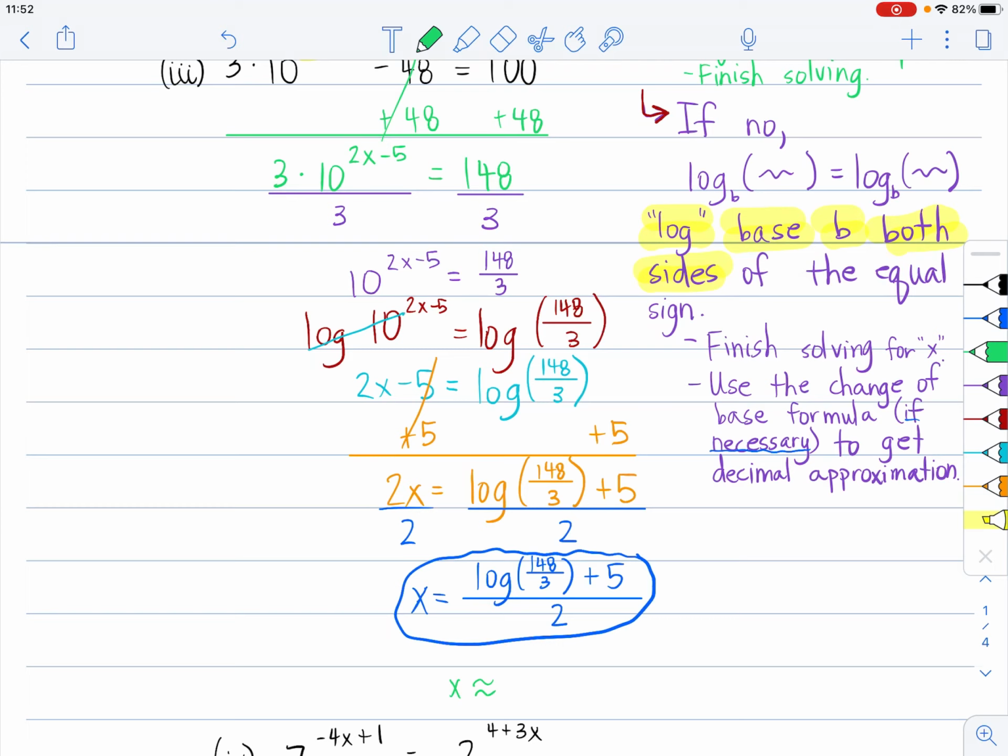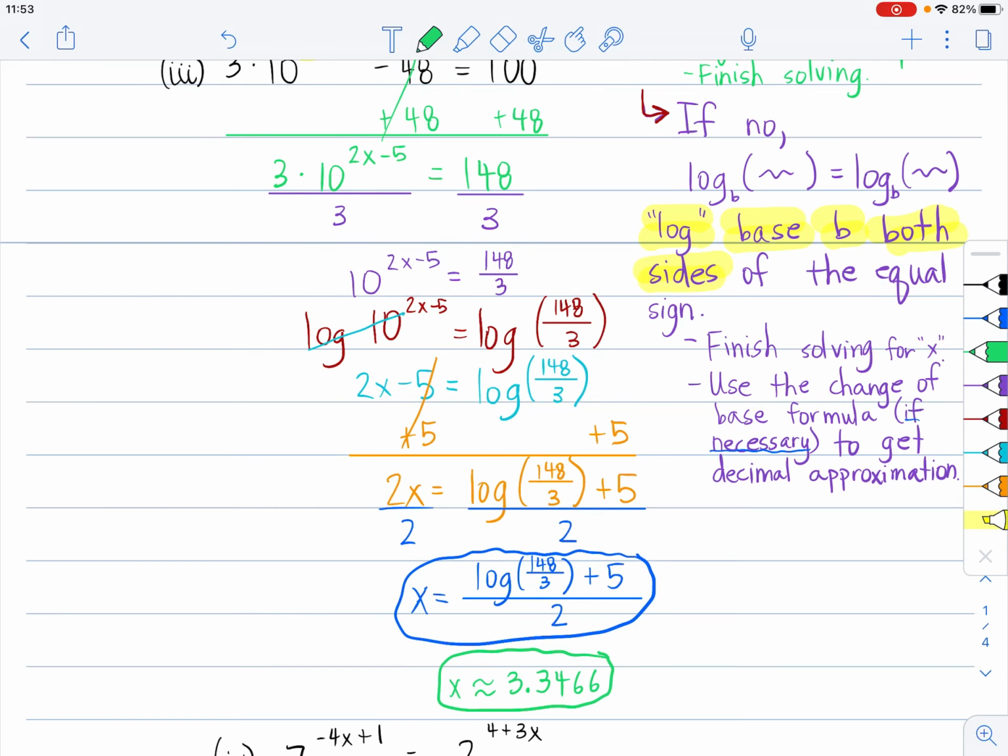Plus 5 is outside of that. I need to hit equals because I should have put a whole parenthesis around all of that. Then divided by 2. And x is approximately 3.346. There's a 5 there with a 7 next door, tells him to round up to a 6. So 3.3466 is our approximation.